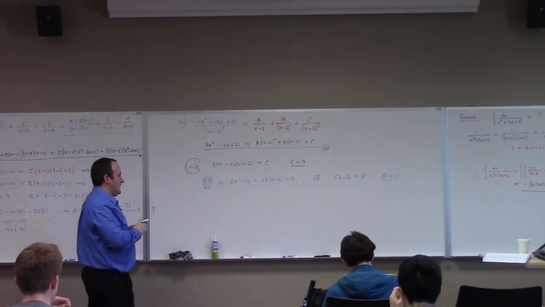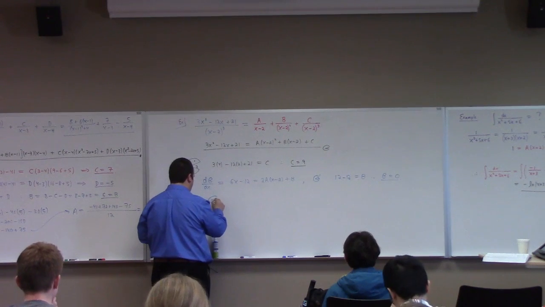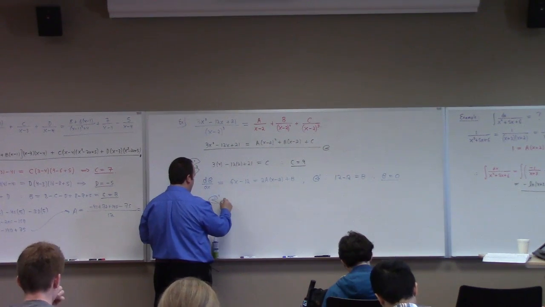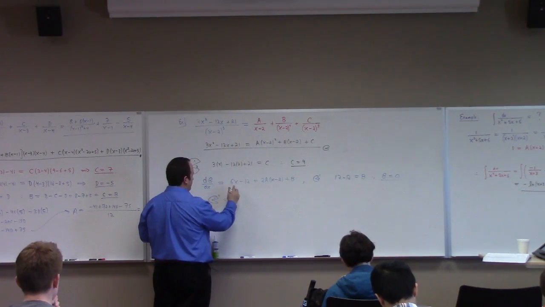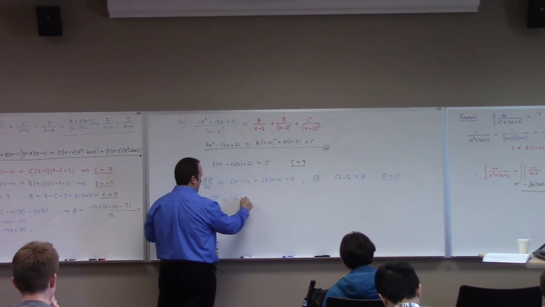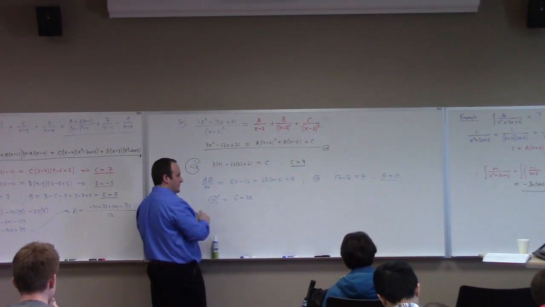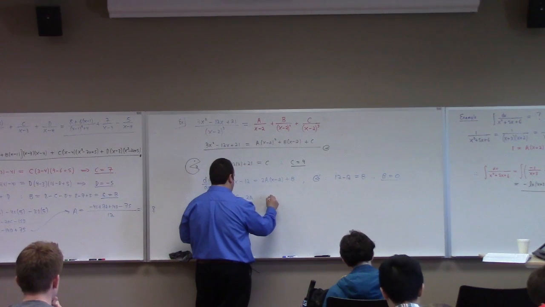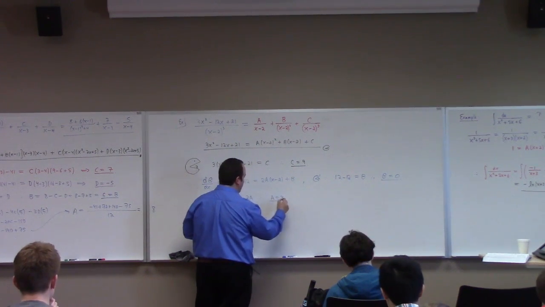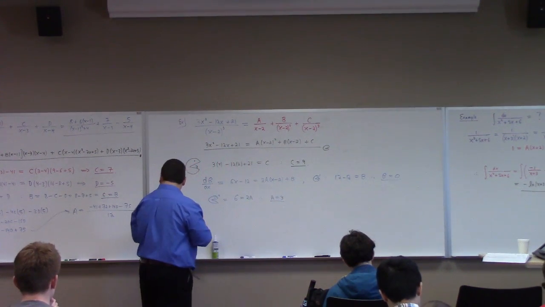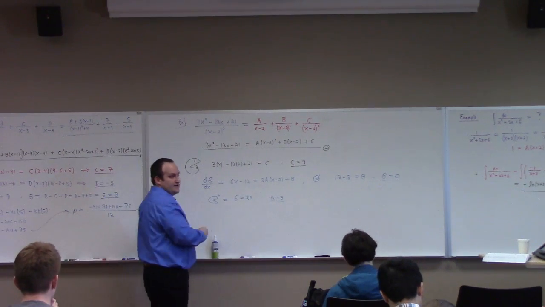And what's Pac-Man prime prime? We get 6 is equal to 2a. So I don't even need to plug in something. I can already tell you a is equal to 3.